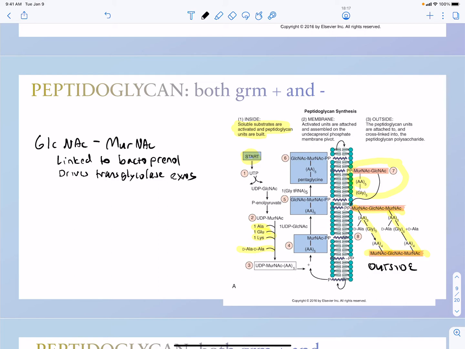Now, one of the things to keep in mind is that peptidoglycan synthesis is a lot of steps, and so the bacteria wants to recycle as much as possible. So there is a pyrophosphatase, and this converts the pyrophosphobactoprenol to phosphobactoprenol and recycles the backbone.